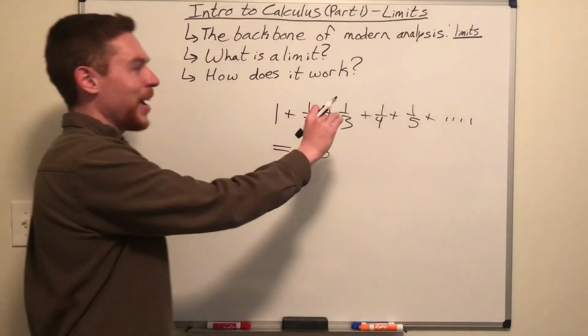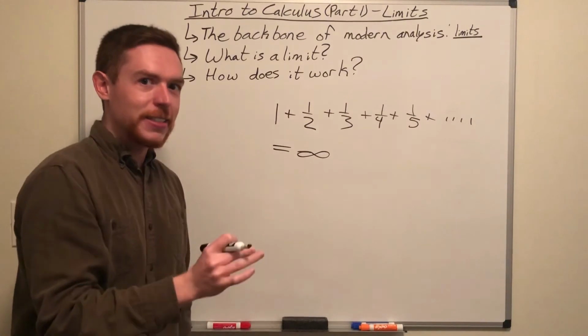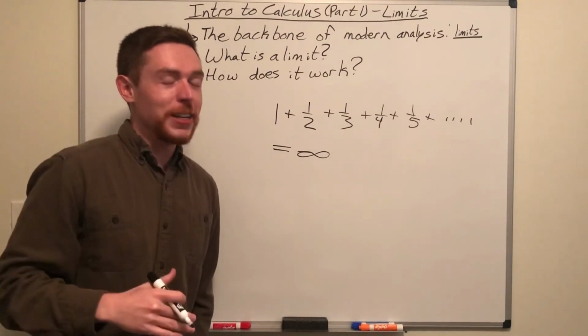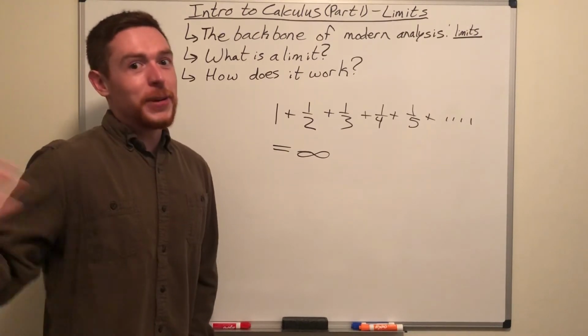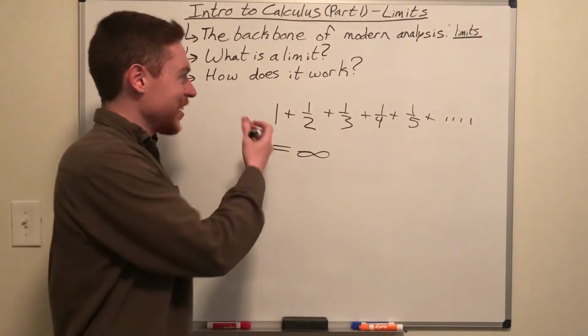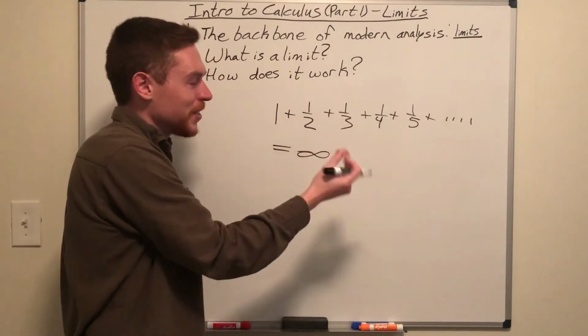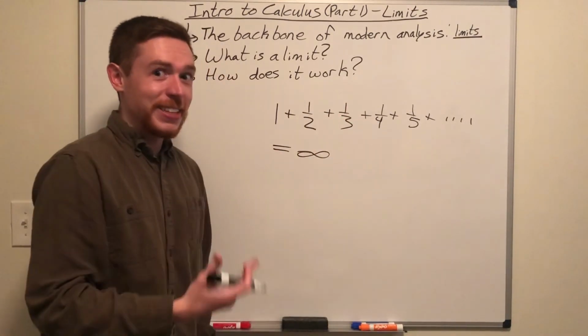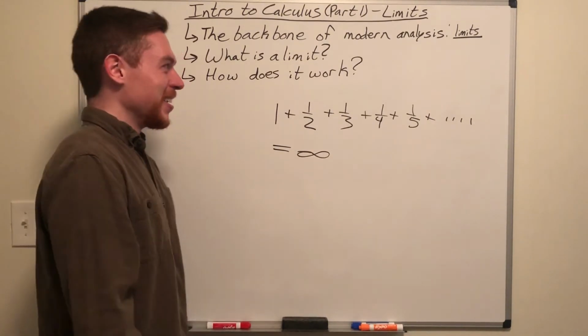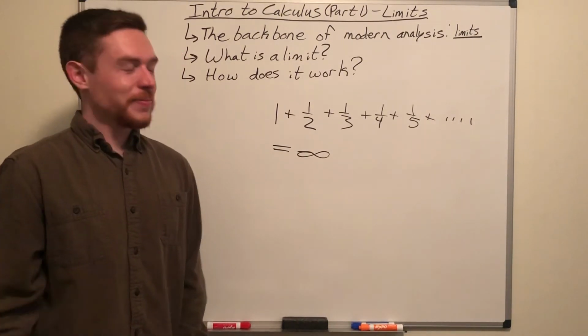Even though I'm adding smaller and smaller things, eventually I'm adding like 1 over a billion. And 1 over a billion is basically 0. Even though I'm adding basically 0 in the long run, that stuff that's basically 0, when I add it all up, still adds up to infinity. So that's really weird. It doesn't make any sense.